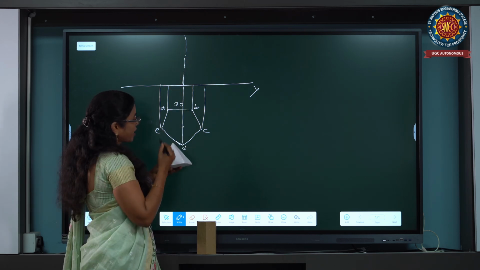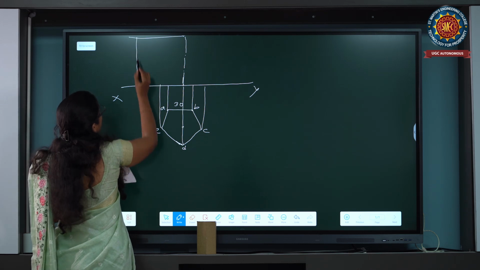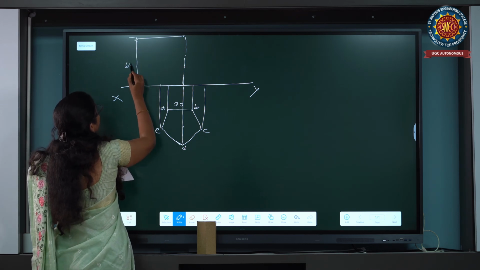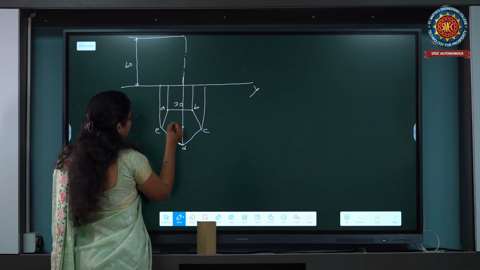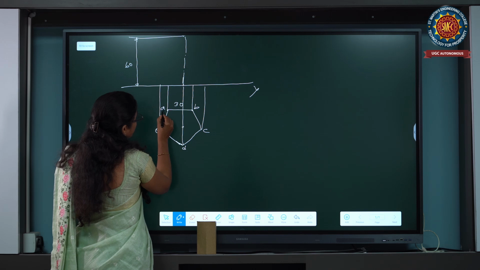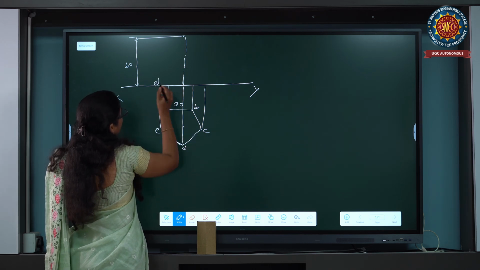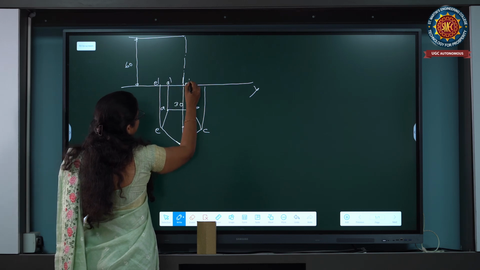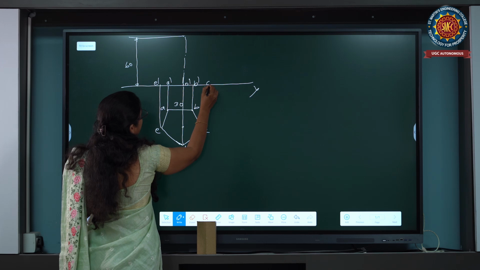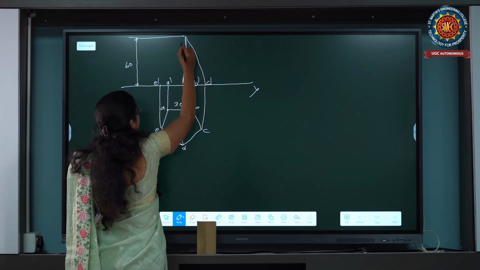Suppose we assume this is 60 mm. The top view is denoted by lowercase letters, because of that I wrote a, b, c, d, e. This other one is the front view, denoted by lowercase letters with dash. Join all points.